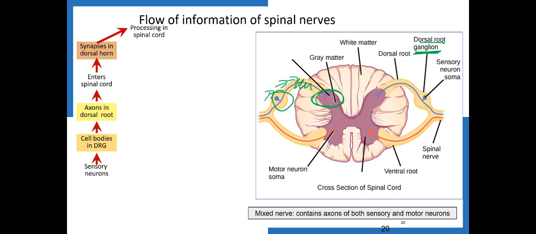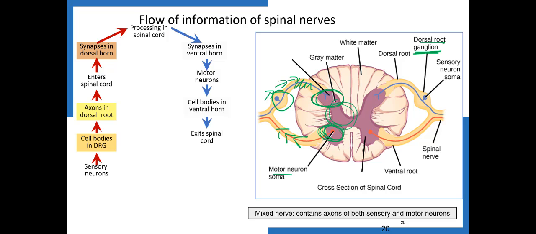And then processing happens in the spinal cord. And then information gets sent to the ventral horn, which is the bit of gray matter at the front end of the spinal cord. And then that information is processed and packaged and then sent through the motor nerve, which then sends the information down to the periphery, exits the spinal cord via the ventral root.